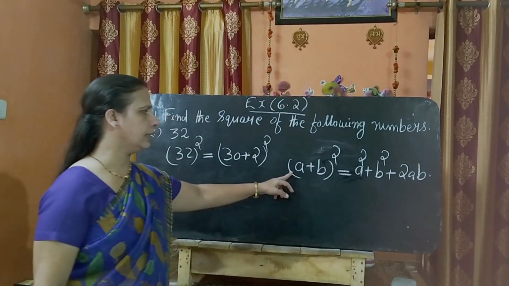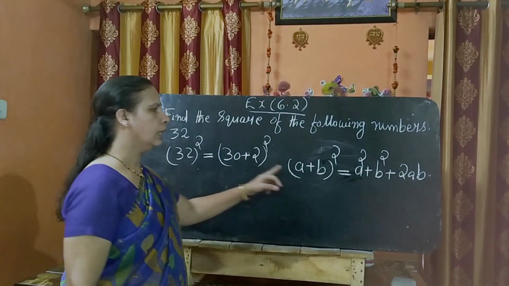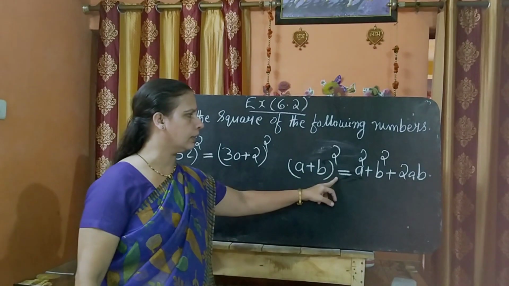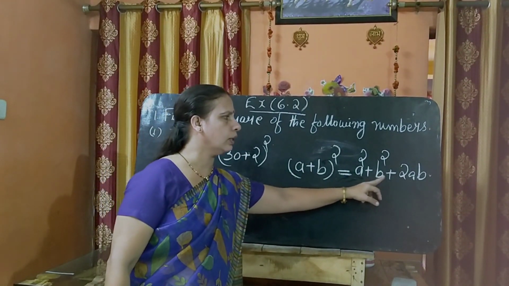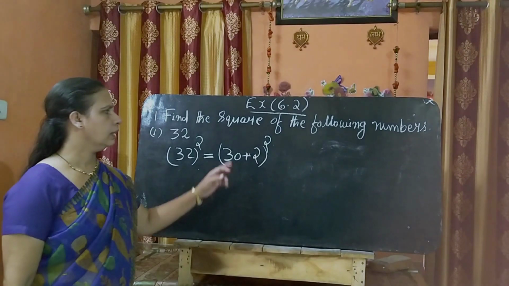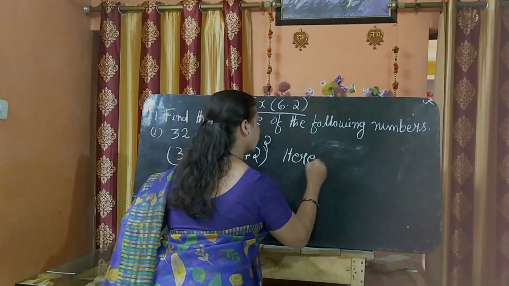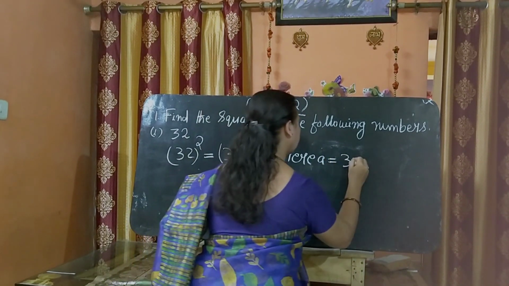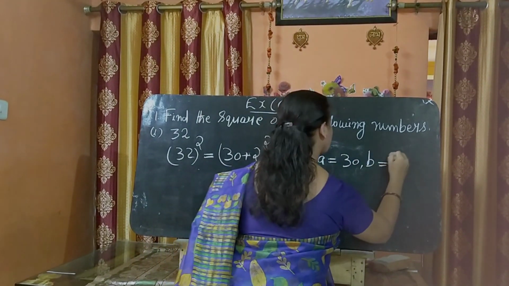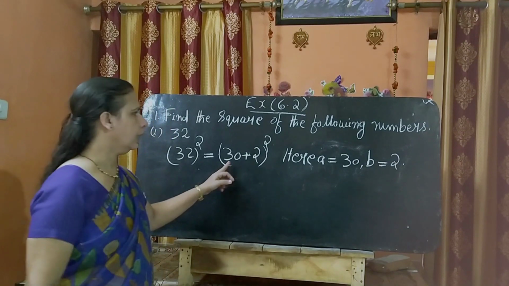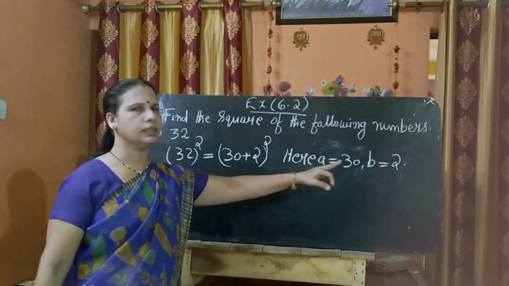This is the identity we are using here. Here a we can take as 30, b equals 2.